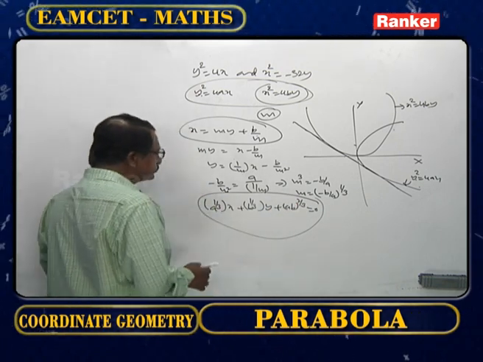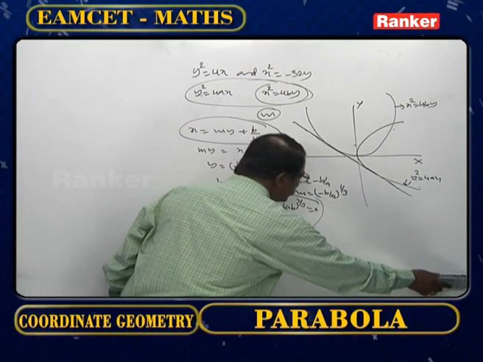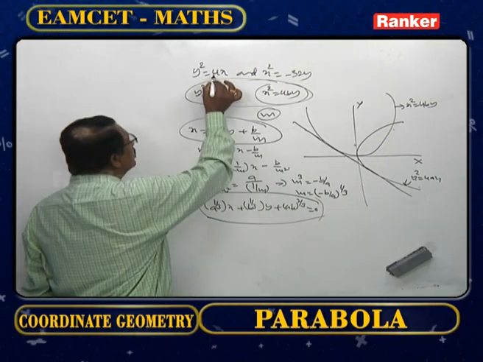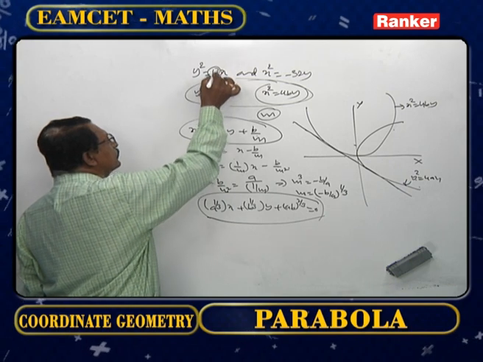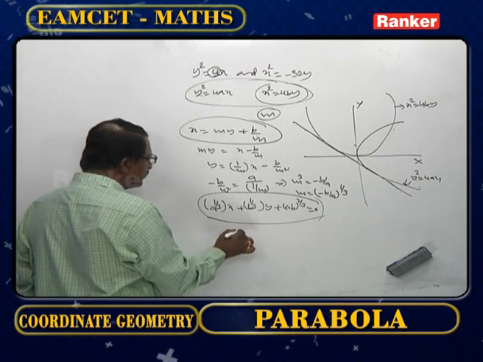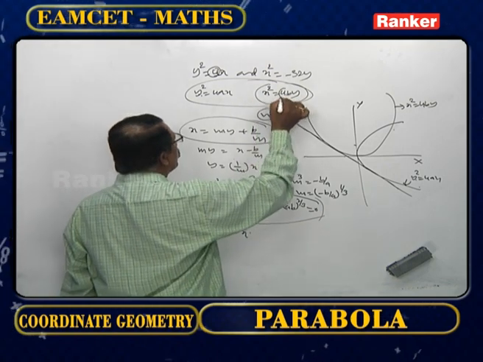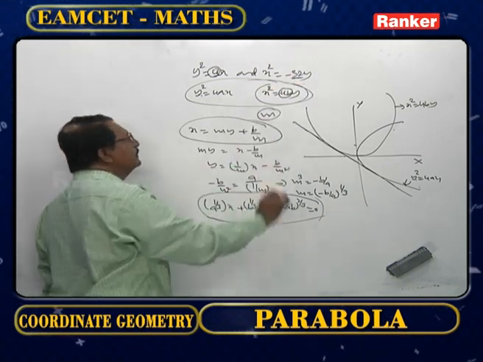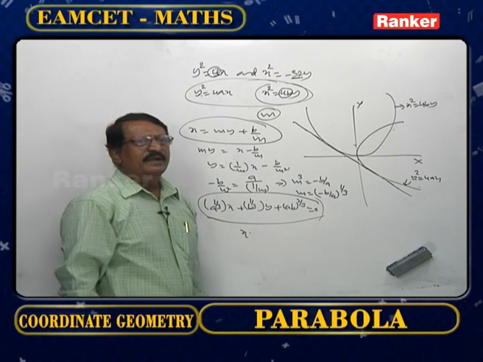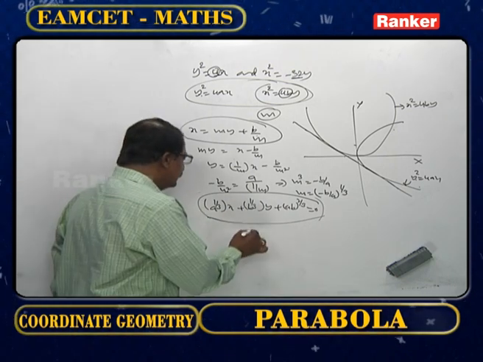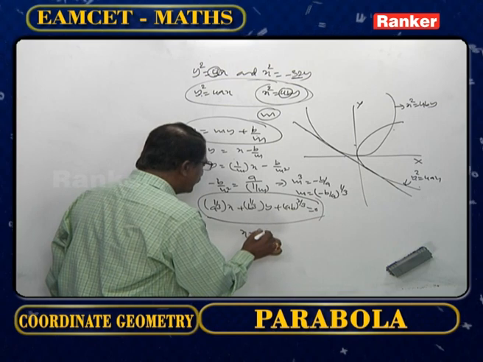Now for the given parabolas, 4a equals 4, so a equals 1, and 1 power 1 by 3 is 1, into x. 4b equals minus 32, so b equals minus 8, and minus 8 whole to the power of 1 by 3 equals minus 2, giving minus 2y.